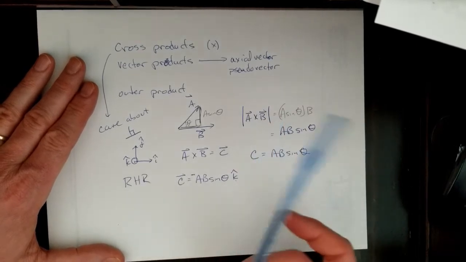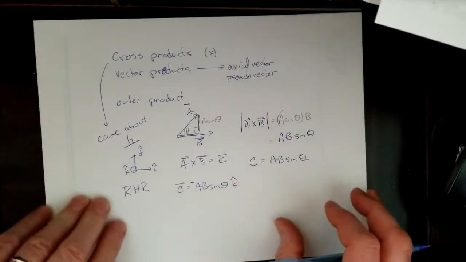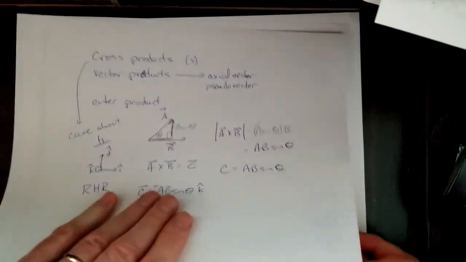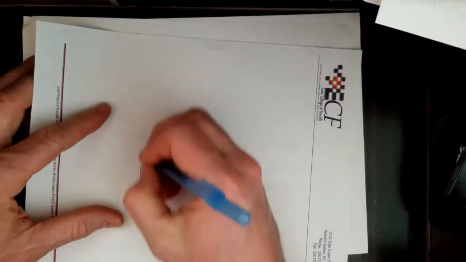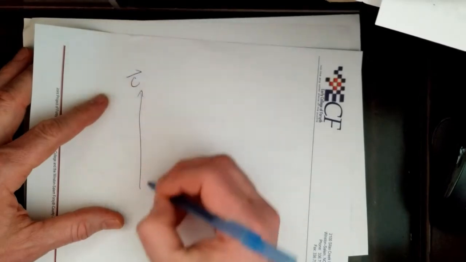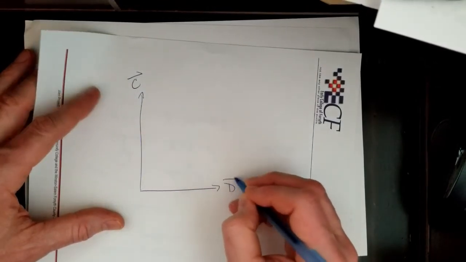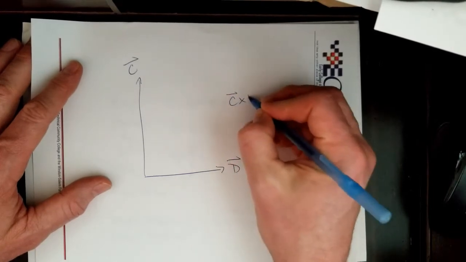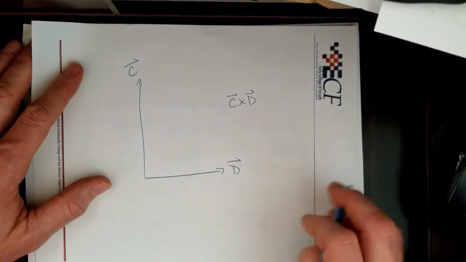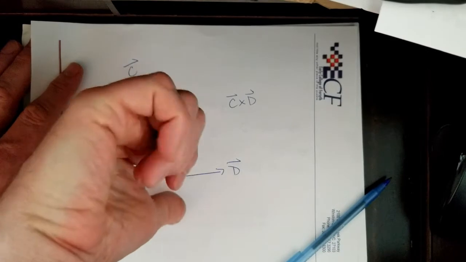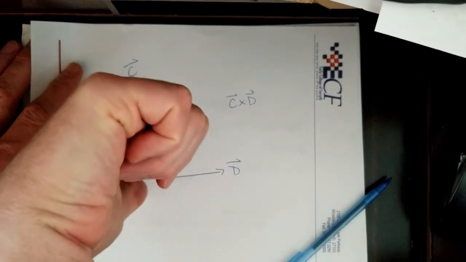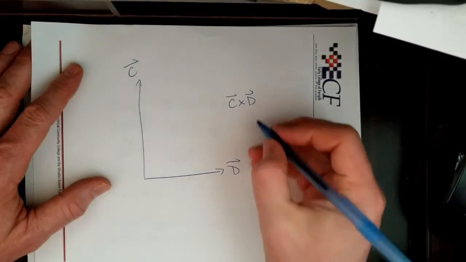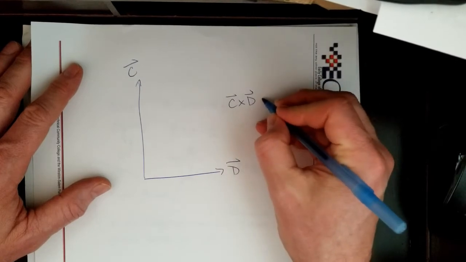So if I take two vectors C and D, what is the direction of C cross D? Well, C is that way, D bends over here, and so my thumb points downwards. So that would be into the page.